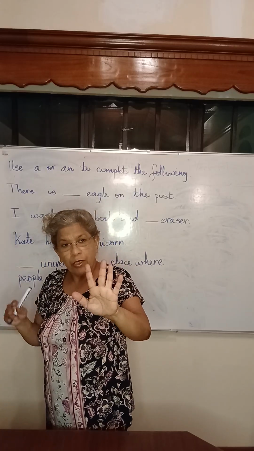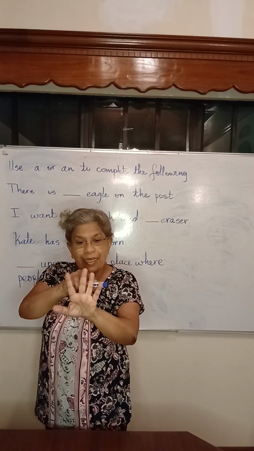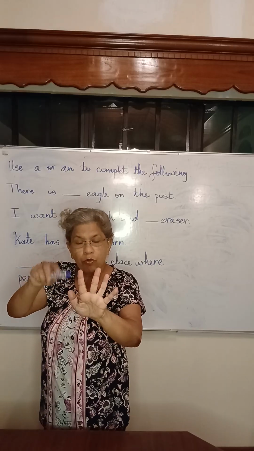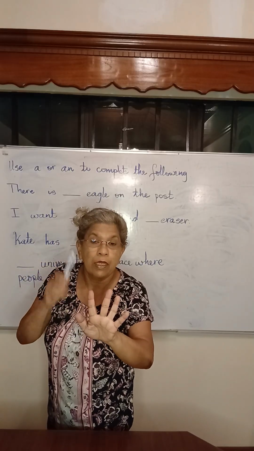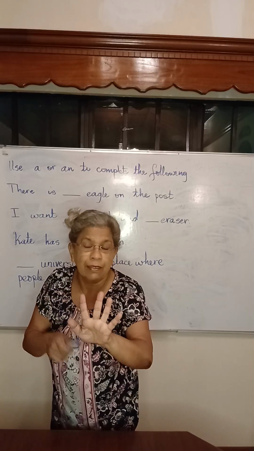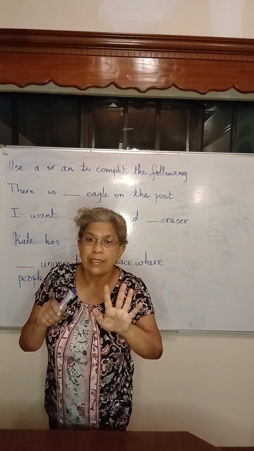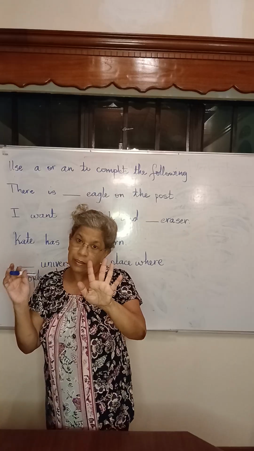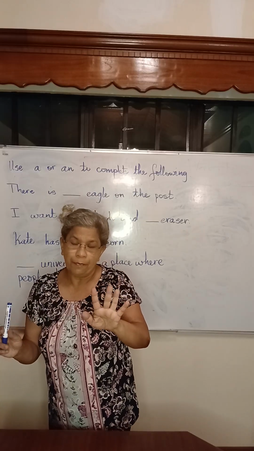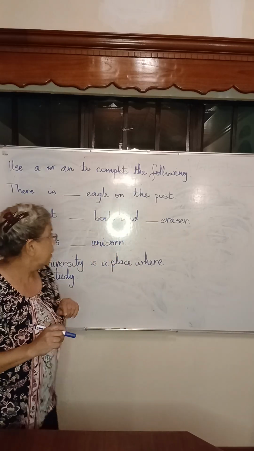So if I see the letter C, that's a consonant. If I see the letter M, that's a consonant, not a vowel. Okay? So keep that in your mind.